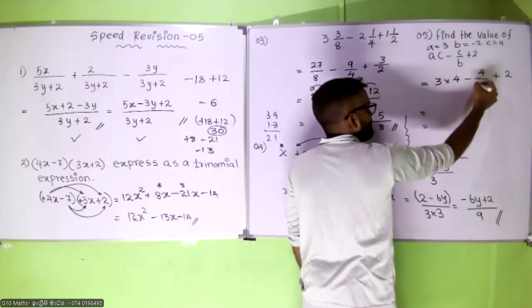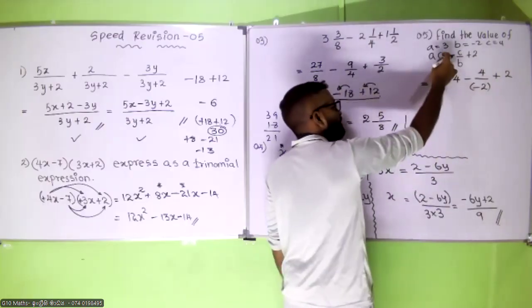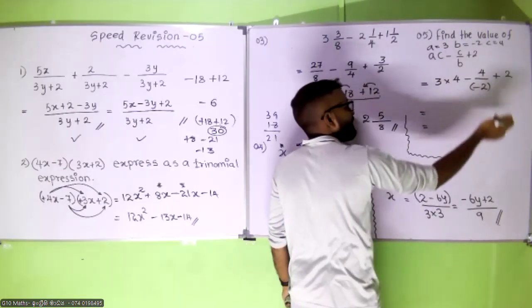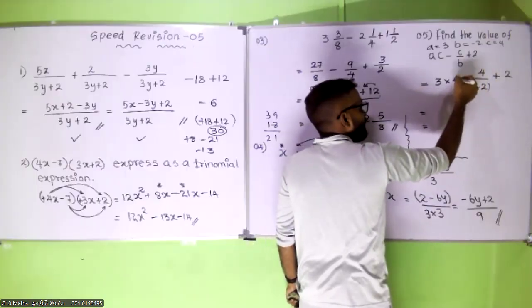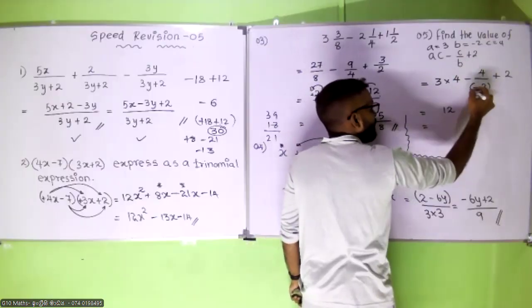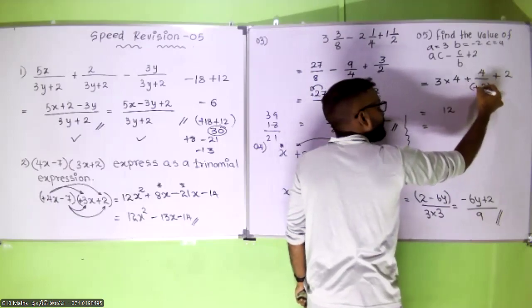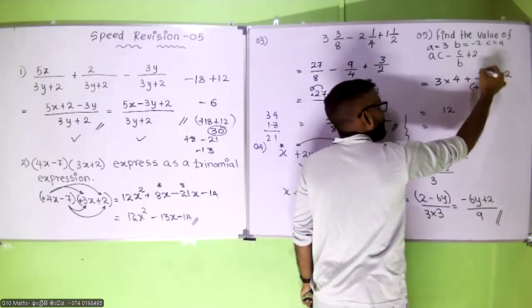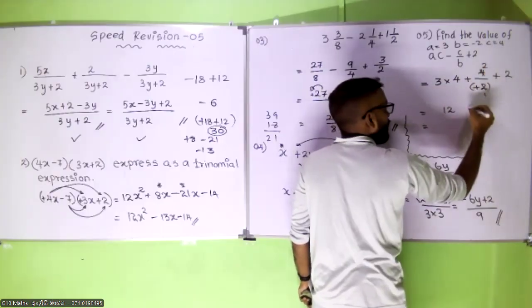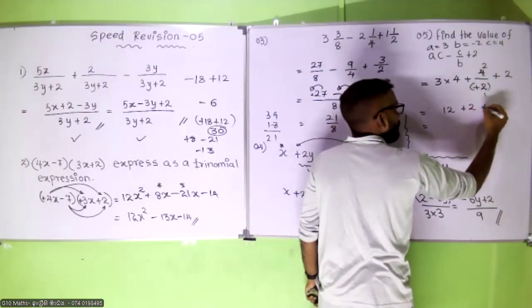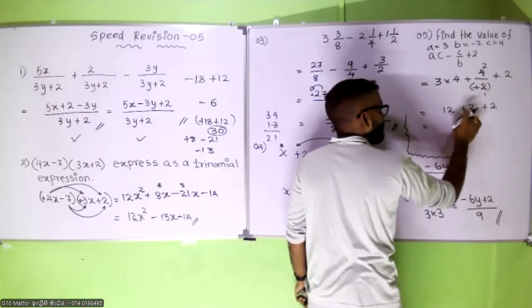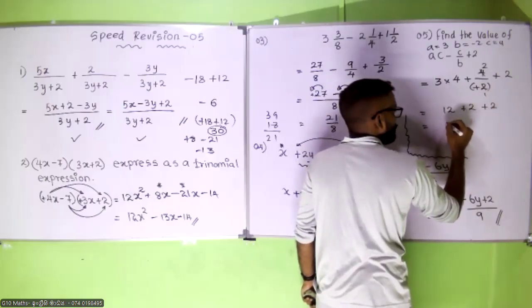Sorry, I forgot that. So here you have 12, negative divided by negative means positive. 2 times 1, 2 times 2, so you have plus 2 here and also plus 2 here. 12 plus 2 and plus 2 means 16, right?